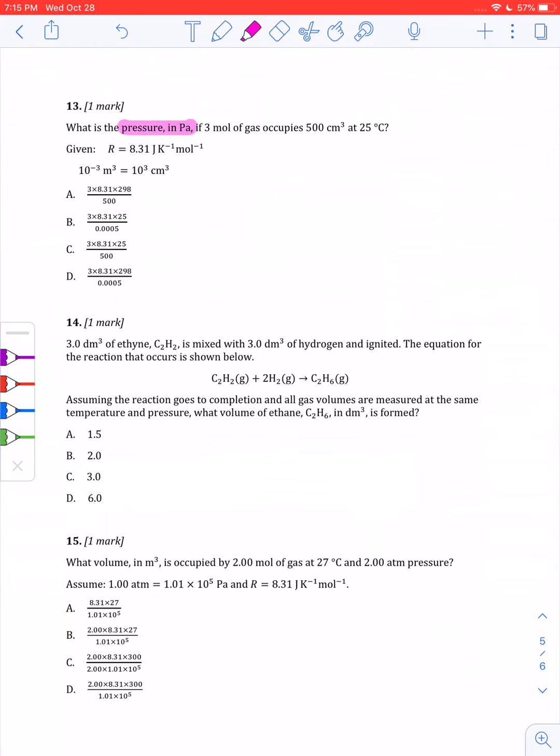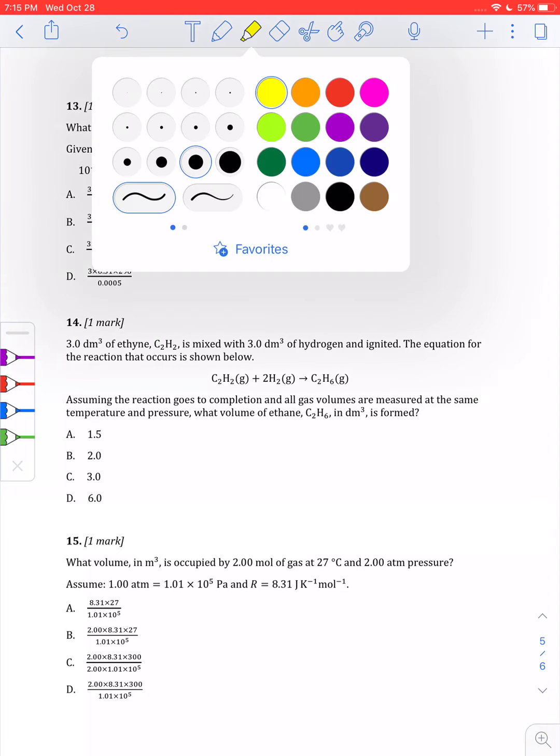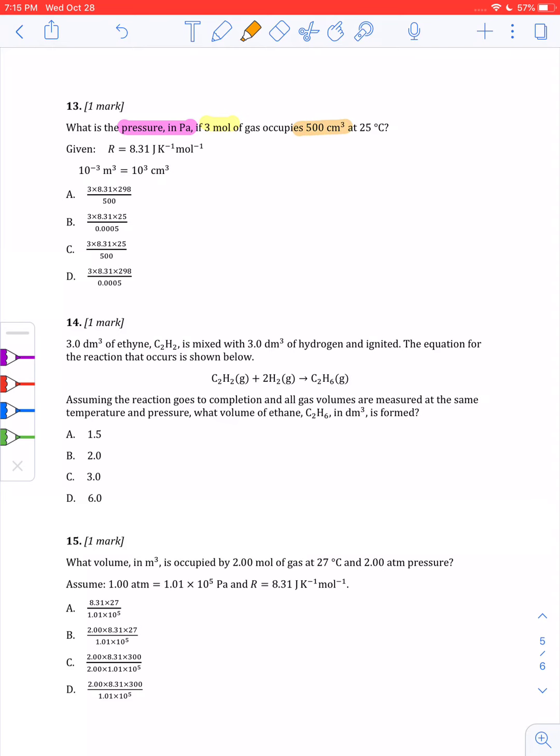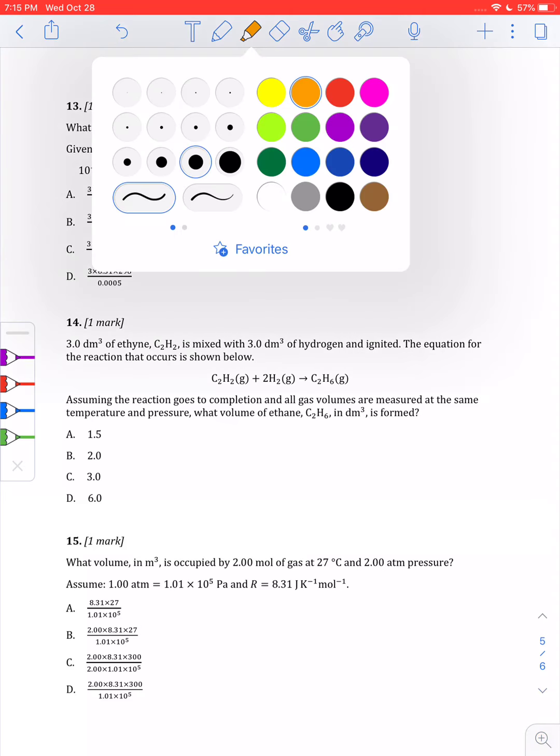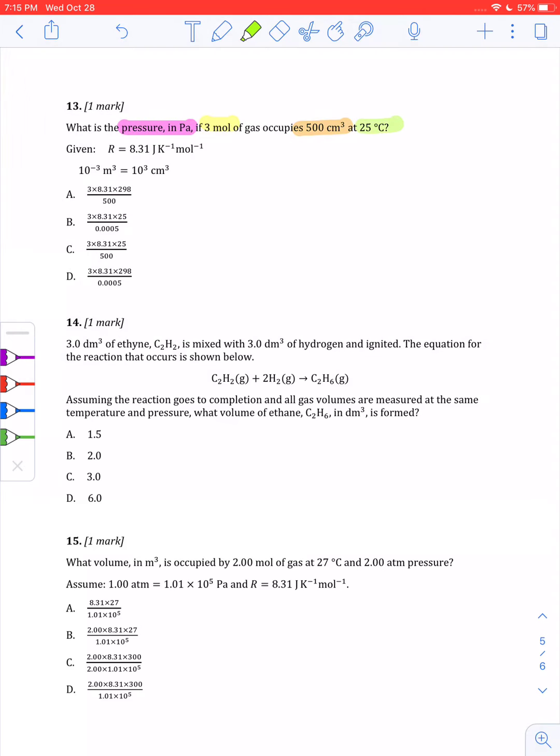All right, so let's see, number 13. What is the pressure in pascals if 3 moles of gas occupies 500 cubic centimeters at 25 degrees Celsius, okay? So this is going to be an ideal gas equation because I have a pressure, and that's actually what I'm solving for, okay?